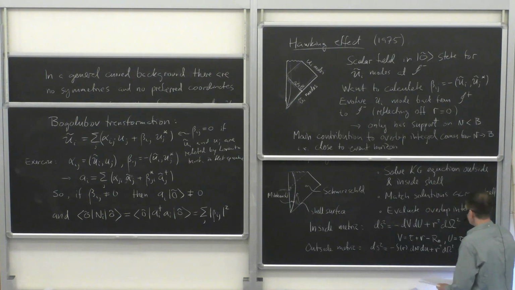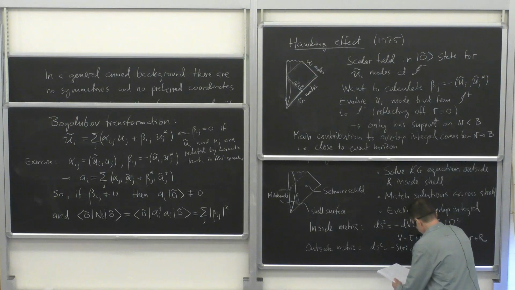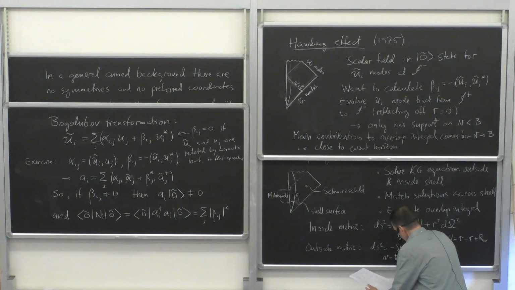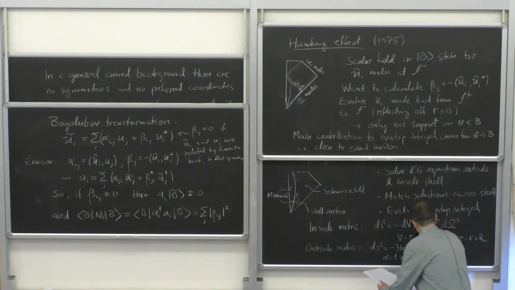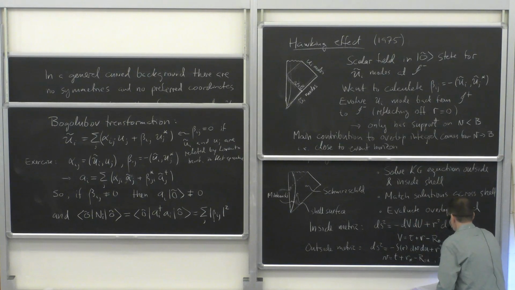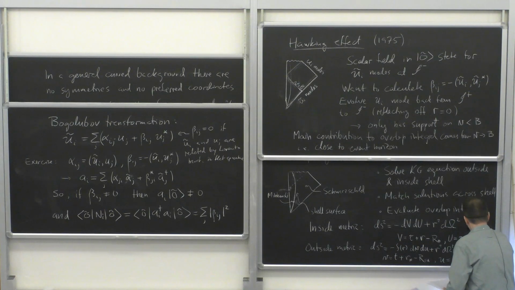And here, lowercase v is going to be my asymptotic coordinate, so the Schwarzschild time coordinate, plus the tortoise coordinate minus R0 star, and lowercase u is t minus the tortoise coordinate plus R0 star.